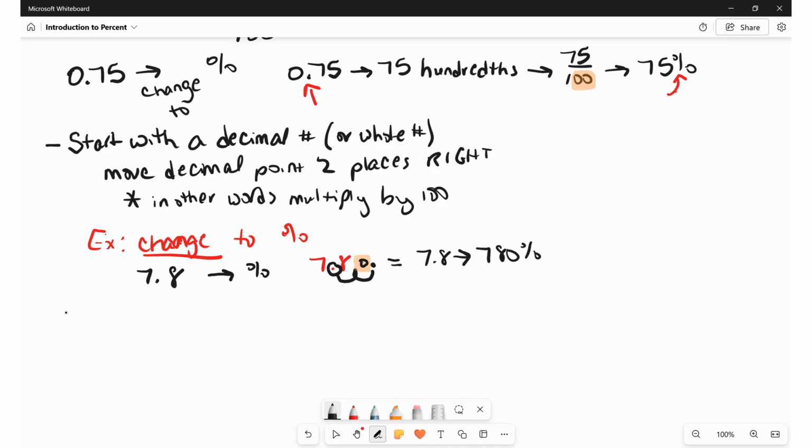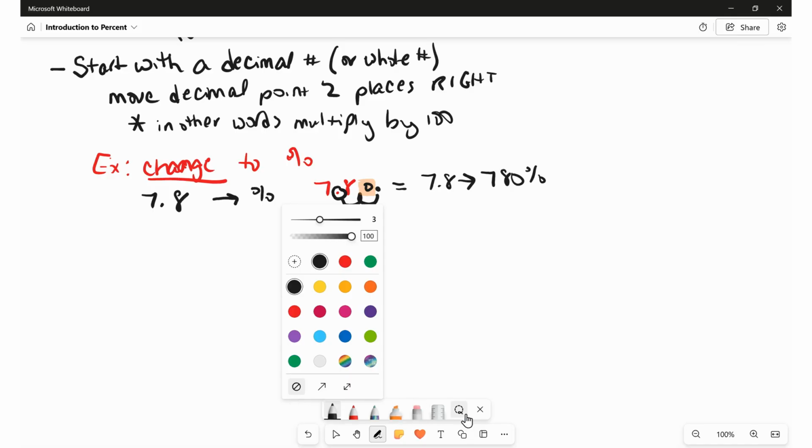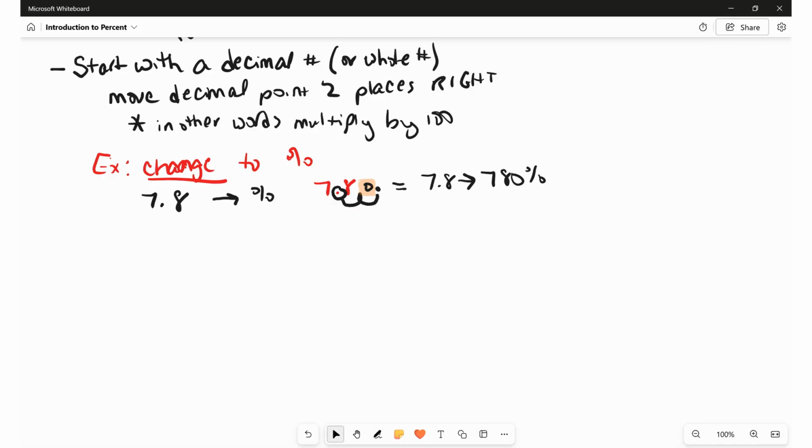Now let's say that we are starting with the percent. For this one, we are going to start with the percent.